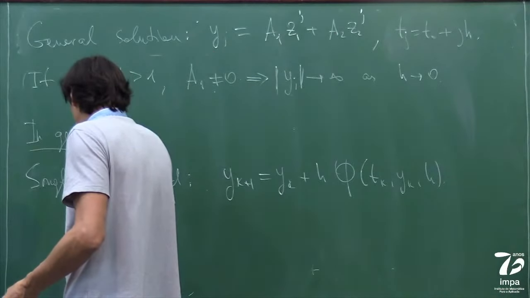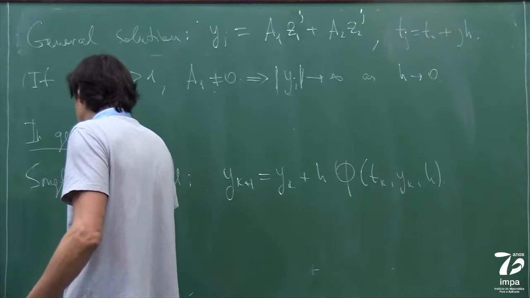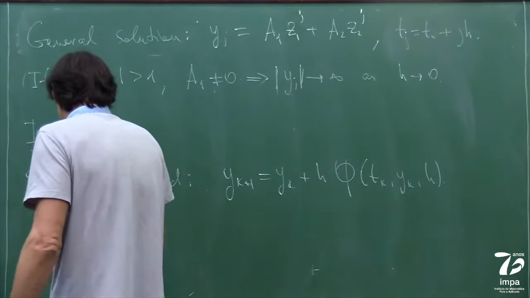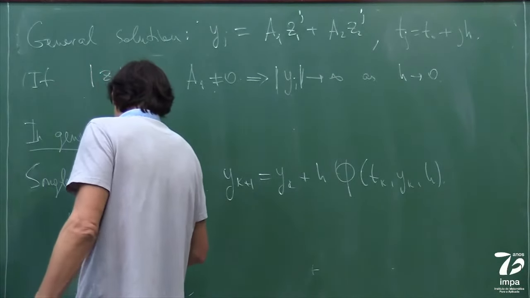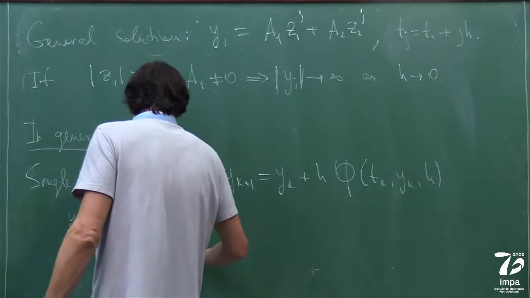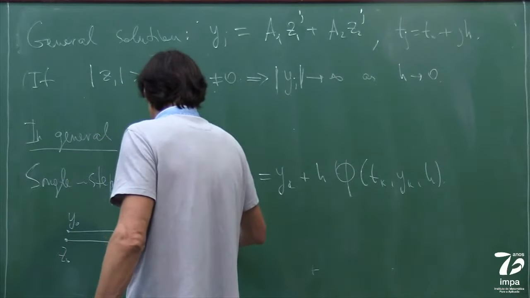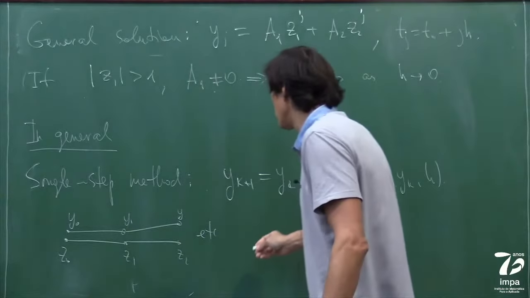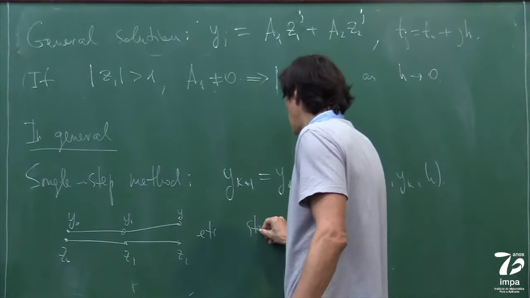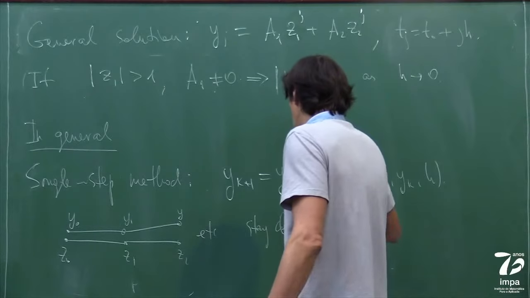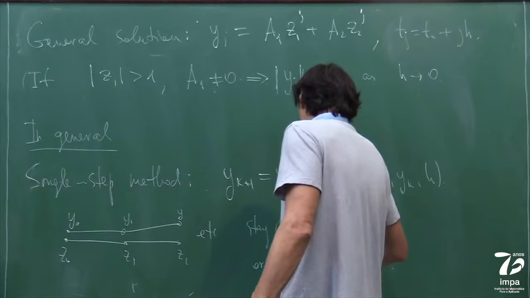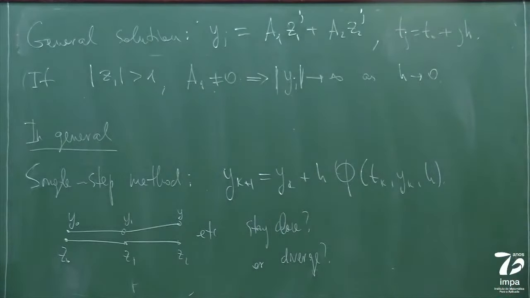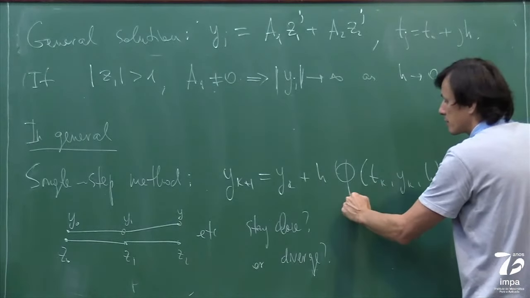Imagine that you have two close-by points, y0 and z0. Then there will be next points, y1, z1. Then there will be the next points, y2, z2, etc. So the question: will they stay close or diverge? Just by itself, irrespective of the original system, we just take this phi.